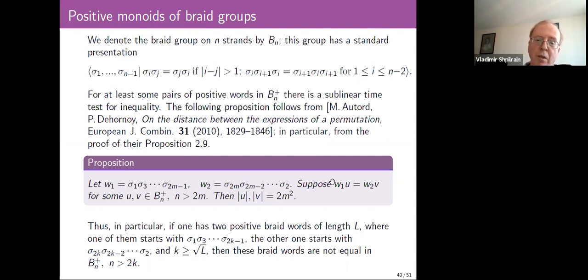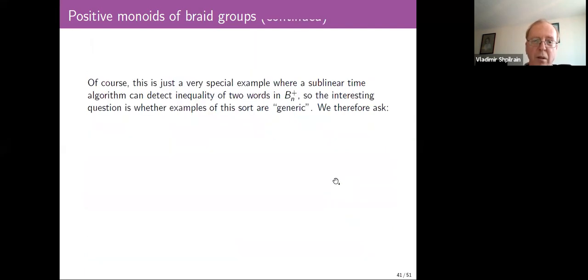Of course, this is a very special example, very carefully constructed. So the question is whether the set of positive braid words with this sublinear property is generic or not.